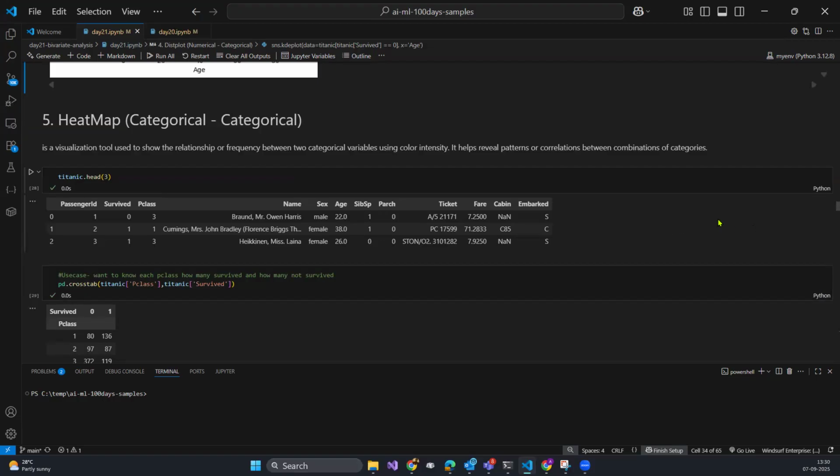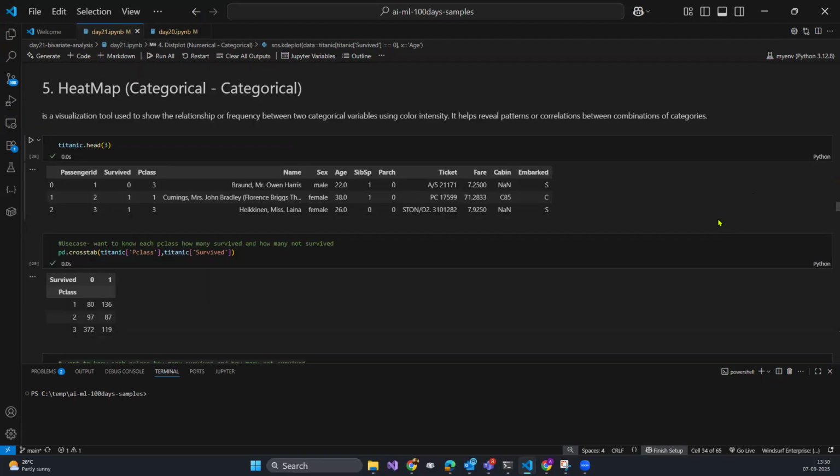using color density. So a heat map, based on the pattern defined, will show from light to dark shade. This is another visualization technique from where you should be able to tell some story by seeing that heat map.